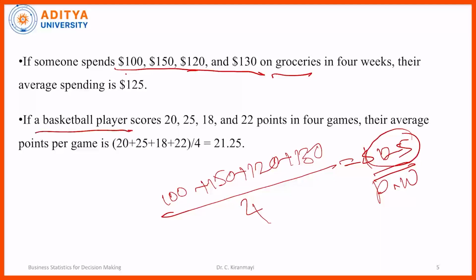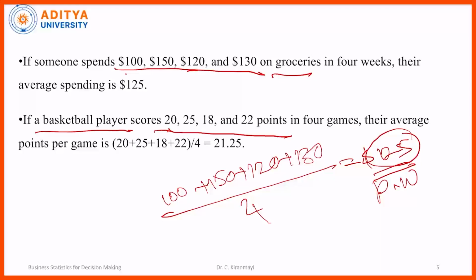And another example, for example, there is a basketball play, where the scores are this way. So, 20, 25, 18, 22, where 4 games are held, and these are the scores in 4 games. Therefore, one may be interested in what the points per game are on an average.